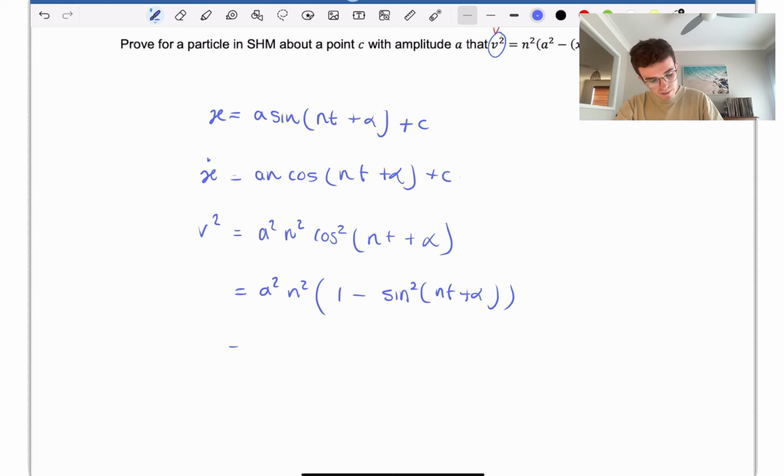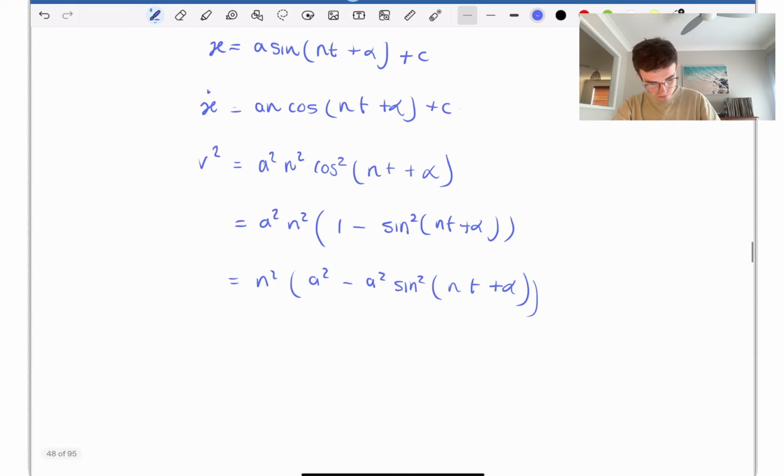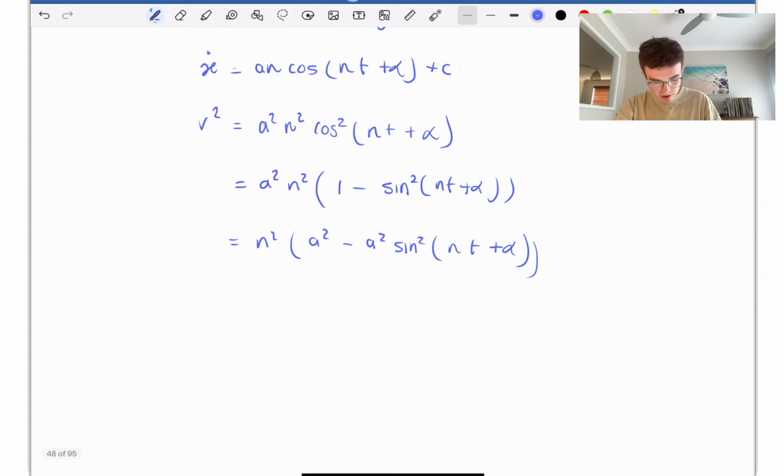We might pull through that a squared now, so that's going to be a squared minus a squared sine squared of (nt + alpha).